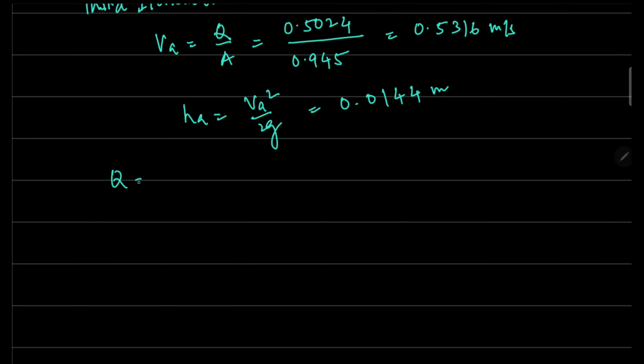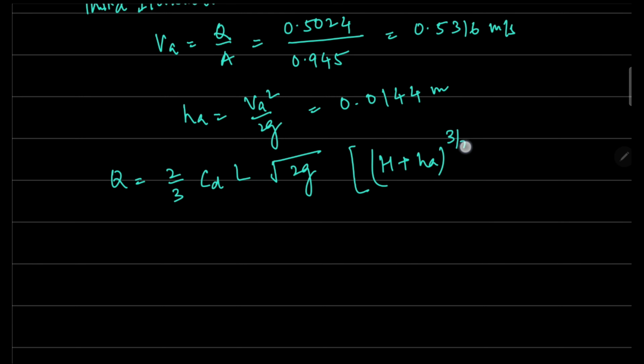Now we will use this HA value for the estimation of the discharge. So Q is equal to 2 by 3 CD multiplied by the width, or the length, that is B, or you can say L, multiplied by under root 2G, in brackets head plus HA raised to the power 3 by 2 minus HA raised to the power 3 by 2. Now again this value is 0.6, this value is 0.9.